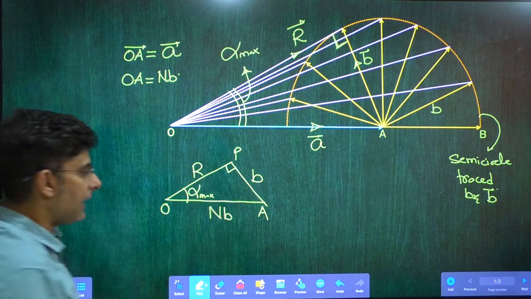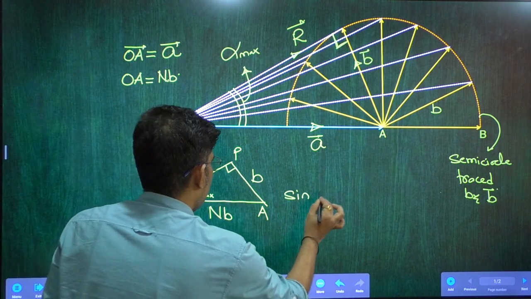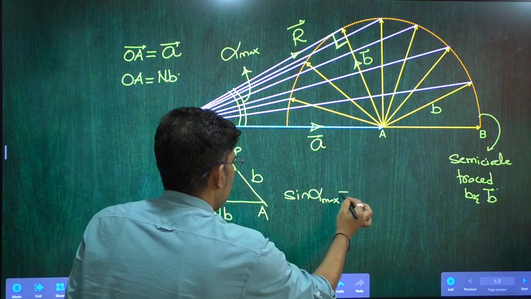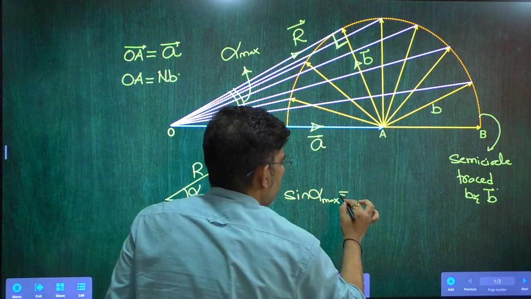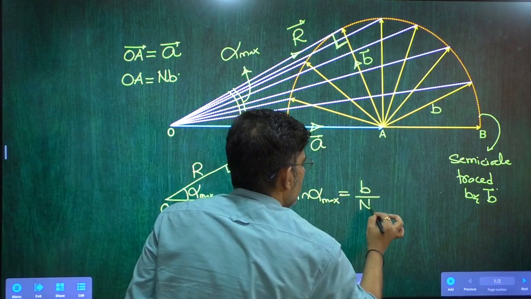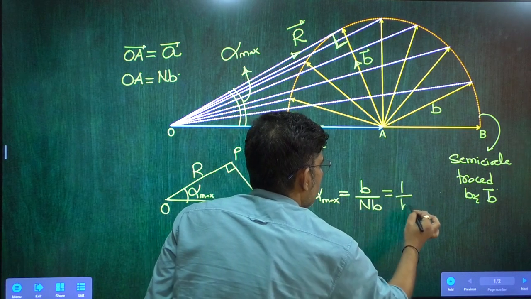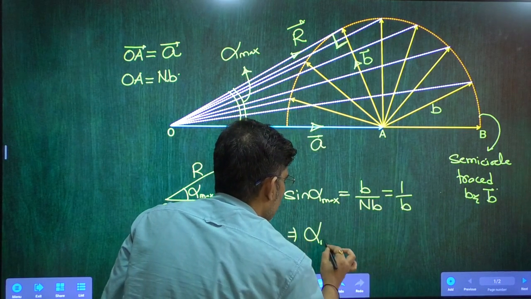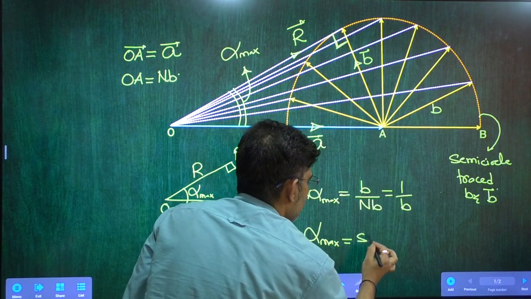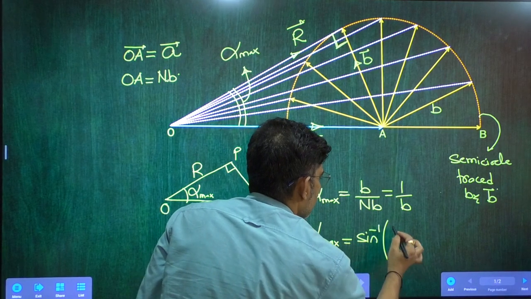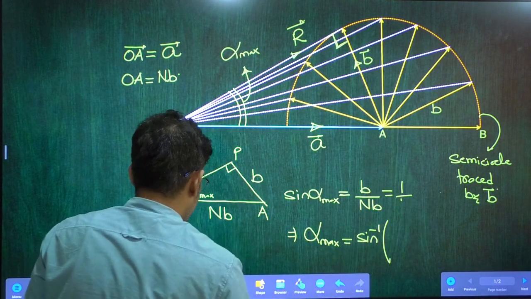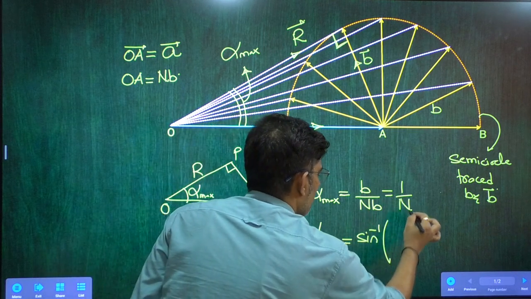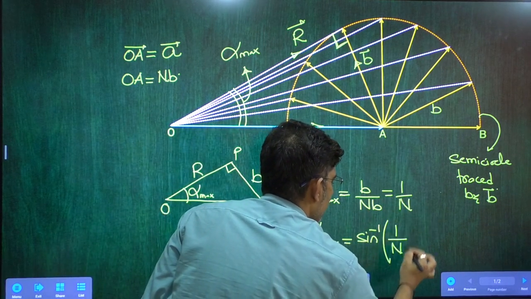Now you can see a right angle triangle, and just in one line we can write sine alpha max equals perpendicular by hypotenuse. Perpendicular is B, hypotenuse is nB. That's it. We got our answer. So what is alpha max? It is simply sine inverse, I'm sorry, not 1 by B, it is 1 by n. So sine inverse 1 by n.